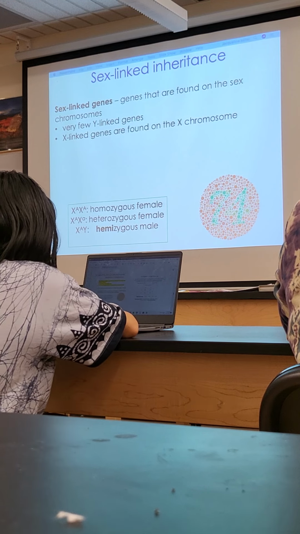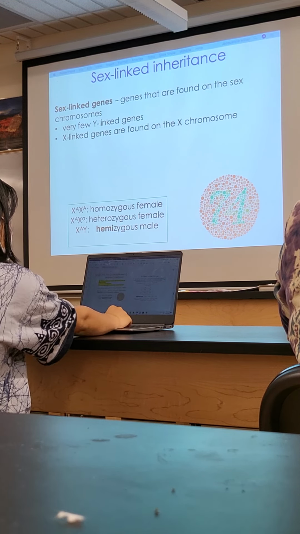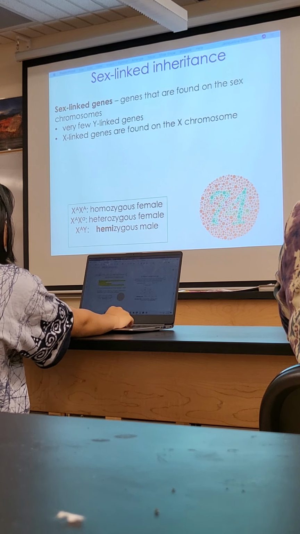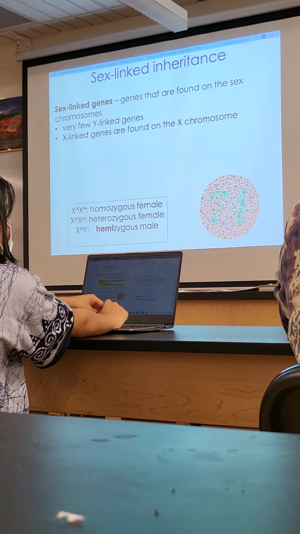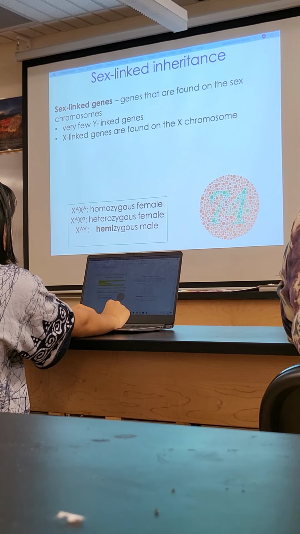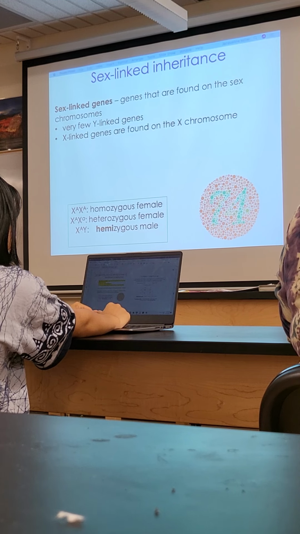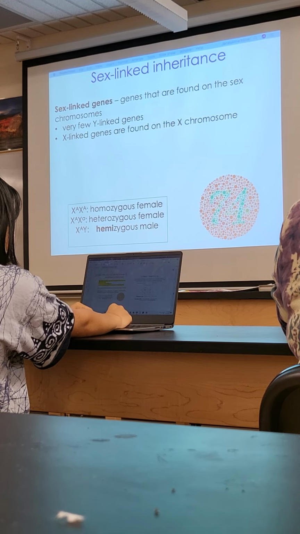The X chromosome, we both have, females and males have X chromosomes, and in fact, the genes on the X chromosome do a lot of different things. It's not specific for one sex or the other. So we talked about colorblindness. This is the colorblind test, right? And that gene that encodes the ability to distinguish color is on the X chromosome.